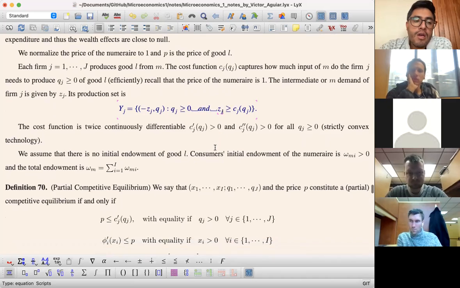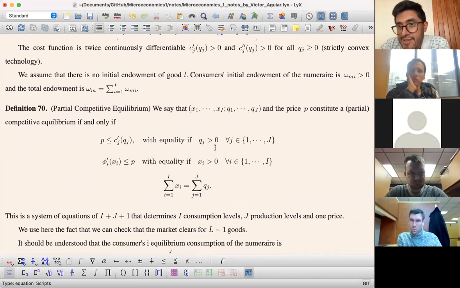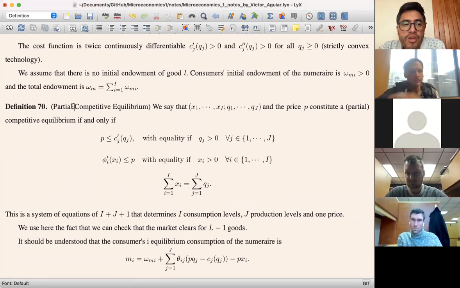Now, we are gonna rewrite the conditions of the Walrasian equilibrium within the assumptions that I just made. And we're gonna simplify the three conditions a lot and actually make it a computable, tractable model. So partial competitive equilibrium. Remember the key word here is partial, right?